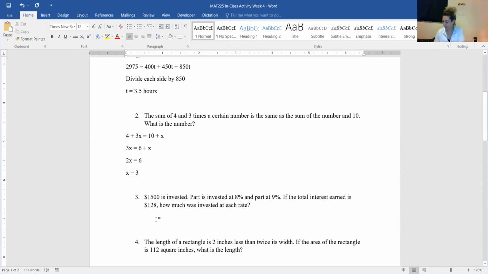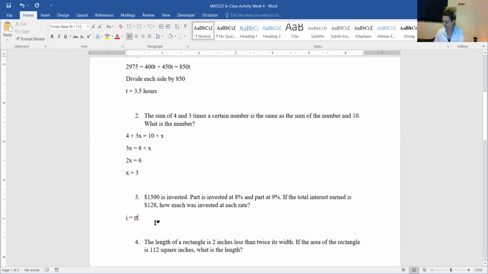1,500 is invested. Part is invested at 8% and part at 9%. If the total interest earned is 128, how much was invested at each rate? Okay.